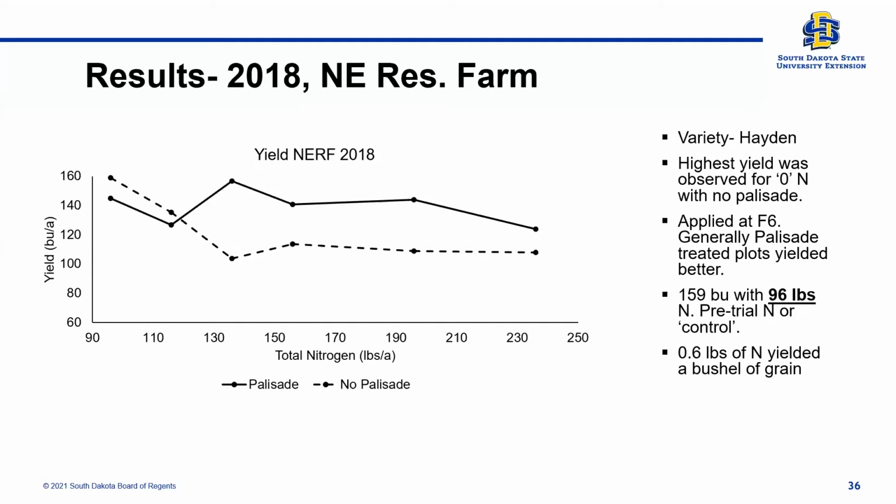I wouldn't say statistically significant, but we got 159 bushel oats with 96 pounds of N, which was the pre-trial N on the control plot. We had a 40 pound credit for the preceding soybean crop, and the rest of the N was in the soil. So in this case, about 1/6 of a pound of N was needed for a bushel of grain.